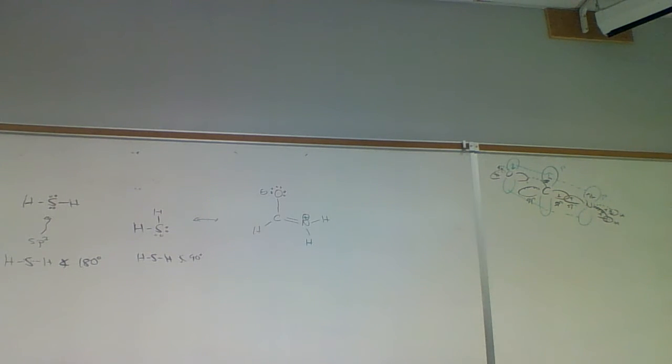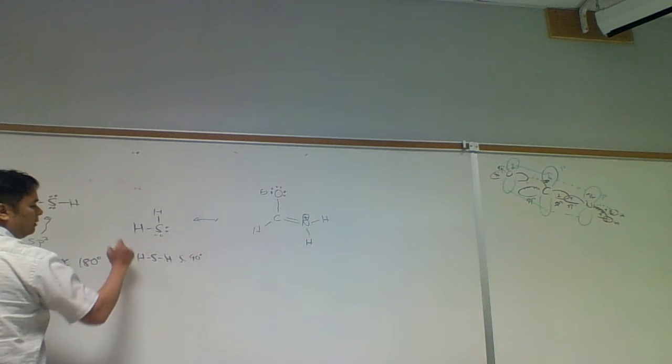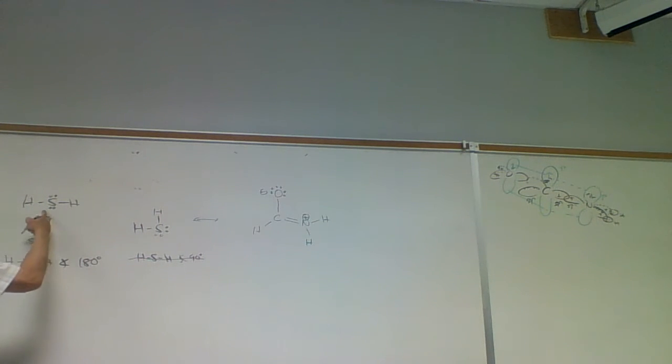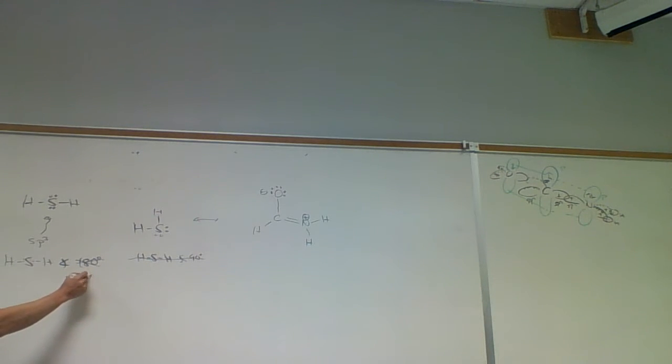You know, the angle should be what? 109, based on sp3 hybridization. So drawing, make the reference to that. You know, the way we draw it doesn't matter. So don't be fooled. The angle should be 109 because it's sp3 hybridized.